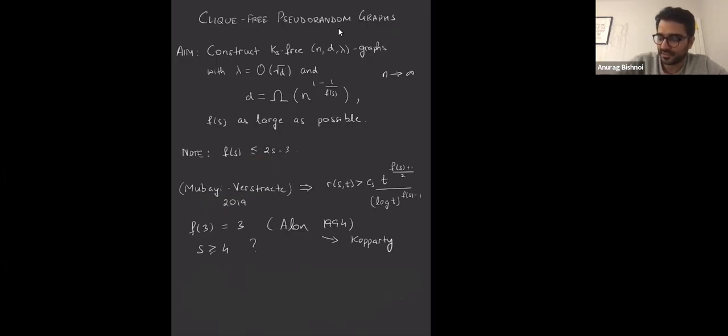The best known construction is by Alon and Krivelevich from 1997, which says f(s) = s - 2. So there's a construction with this function. And of course, it only improves the triangle-free construction when s is greater than 5, right? For s less than or equal to 5, you can just take Alon's graph originally. You get the same thing. You get something better, in fact, for s equal to 4.